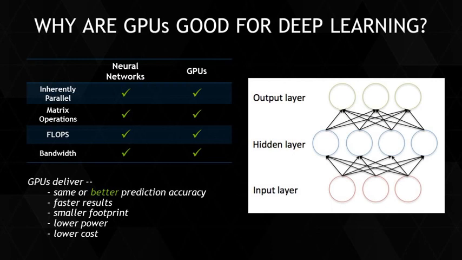It emerges that the mathematics of feeding a data sample forward through the network is predominantly matrix operations, and it's inherently parallel, and very hungry for floating point operations. These are all things that GPUs are very good at. So GPUs can deliver the same or better prediction accuracy for training deep neural networks, faster, with a smaller physical footprint, and lower power and lower cost.